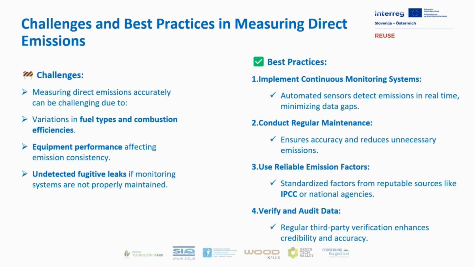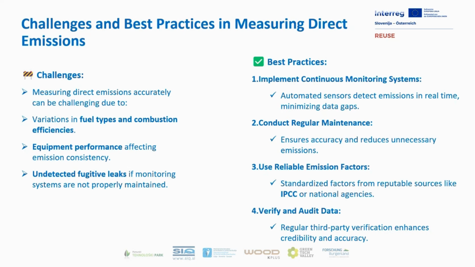Keeping equipment in good working condition and checking regularly for leaks helps both with data quality and with actually reducing unnecessary emissions. And third, use standardized emission factors from reputable sources, such as IPCC or national environmental agencies. This ensures that the calculations are consistent and in line with best practices.